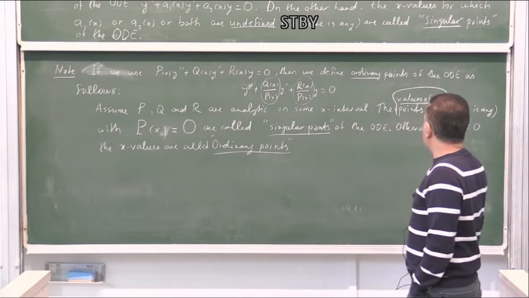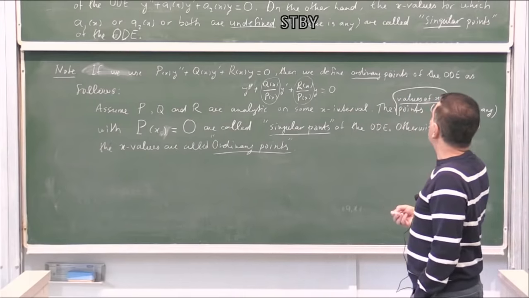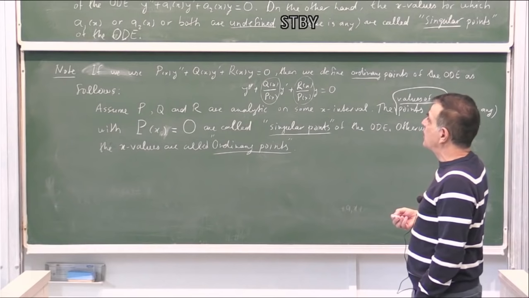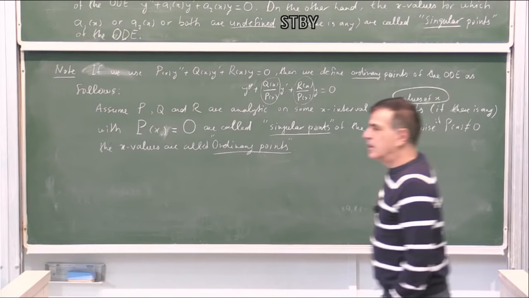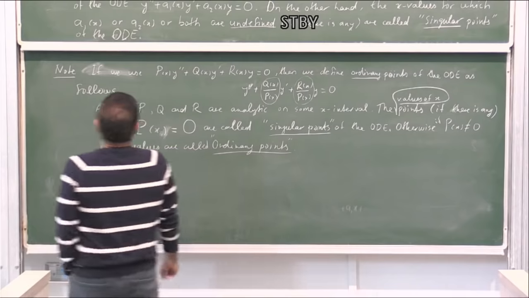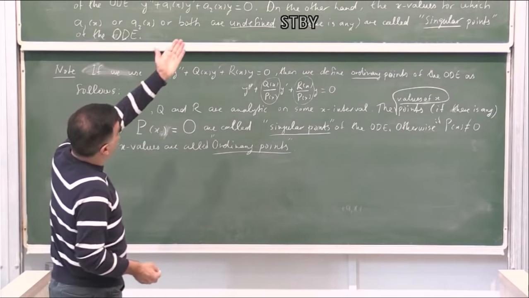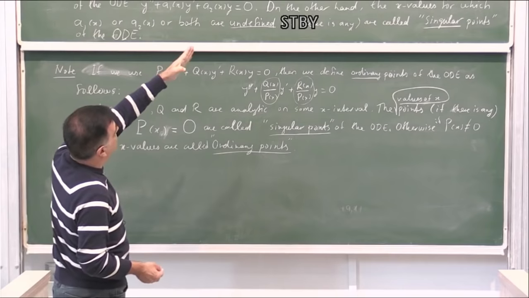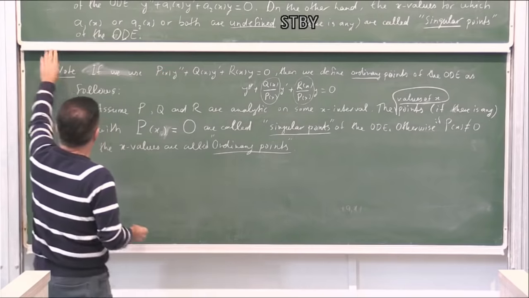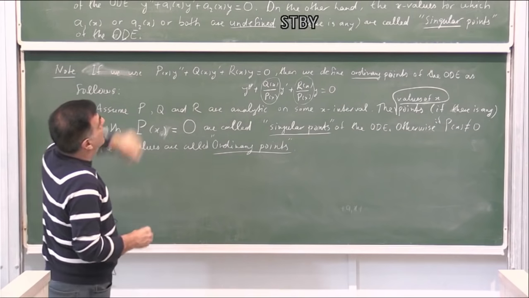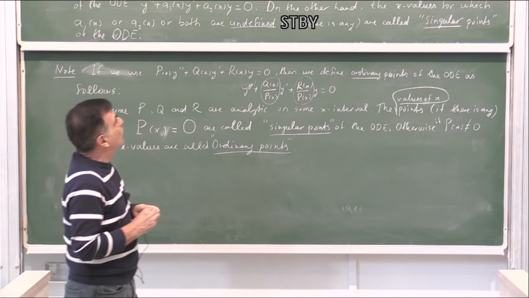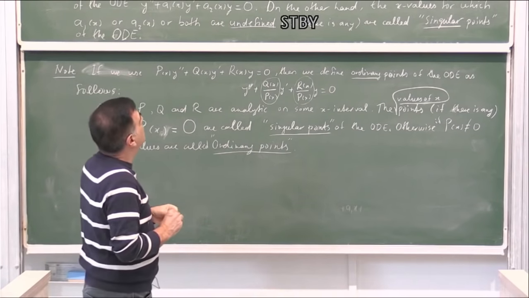Okay? Now, the importance of giving this classification is that, let us use that form, y double prime plus a1 of x y prime plus a2 of x y is 0. Okay?